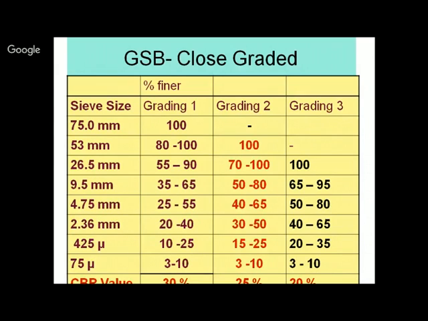This means that all particles should be less than 75 mm in size. 80 to 100% should pass 53 mm. This means, the other way around, that 0% or a maximum of 20% should be retained on the 53 mm sieve. Now all this corresponds to the sieve analysis.